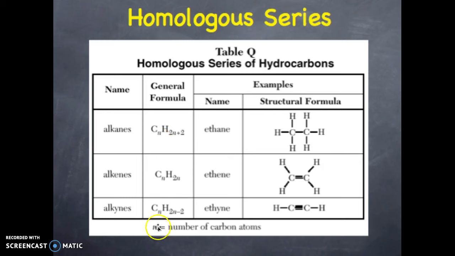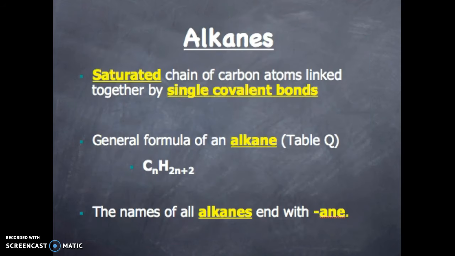Whatever value you get for n, you're going to use the same value for n in the second part of the equation, like let's say 2n plus 2. The n in the second part of the equation is the same as the n here. So let's go through some examples in a minute. First, we have to understand that alkanes are going to be referred to as saturated.